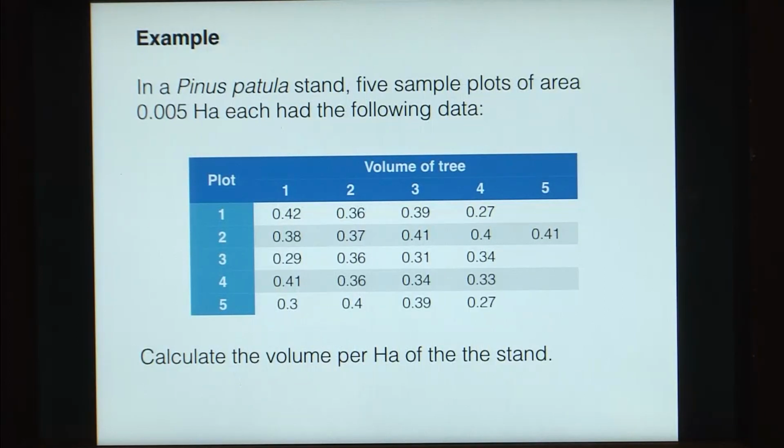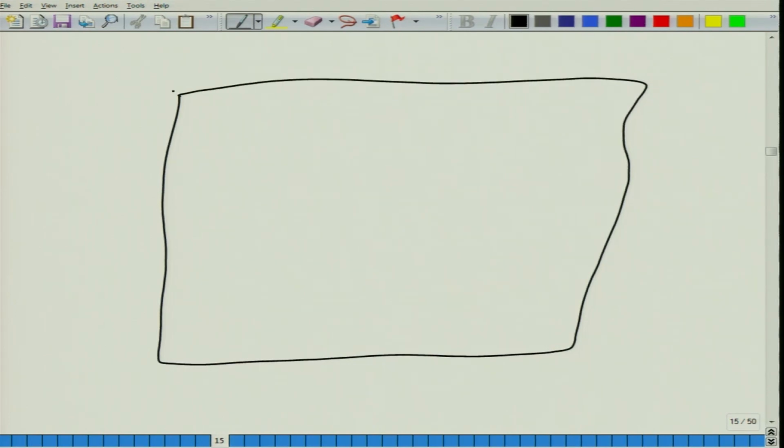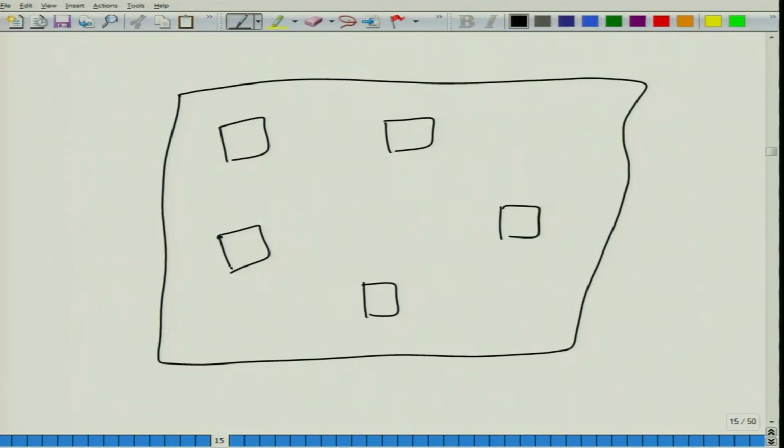So, what have we done here? Essentially, if you have a large sized stand, and this is your complete area, you have taken just 5 sample plots somewhere. Let us call these 1, 2, 3, 4 and 5.